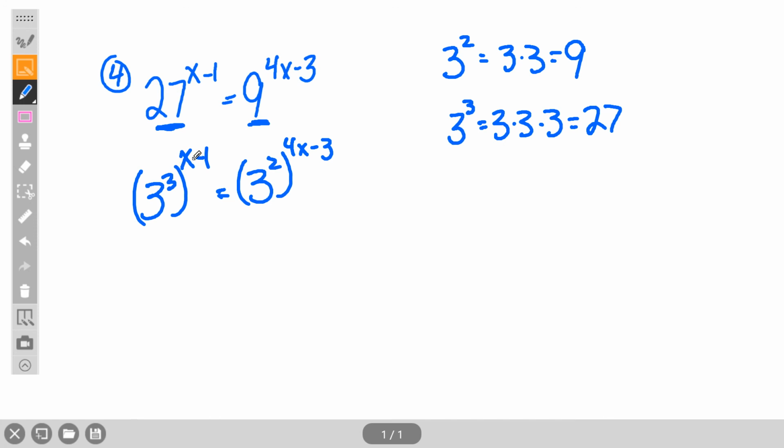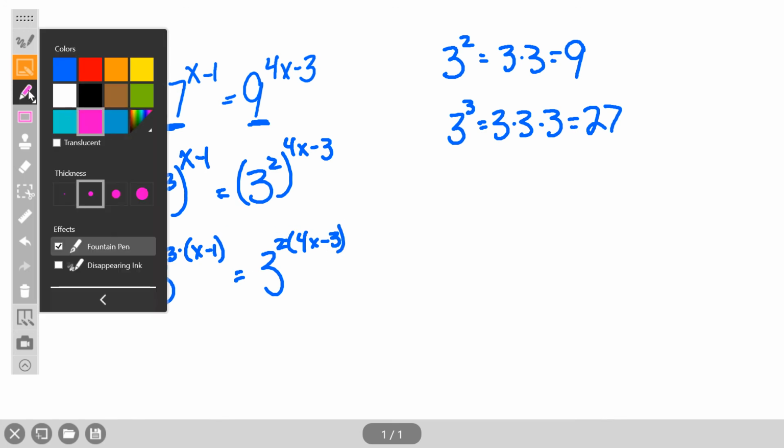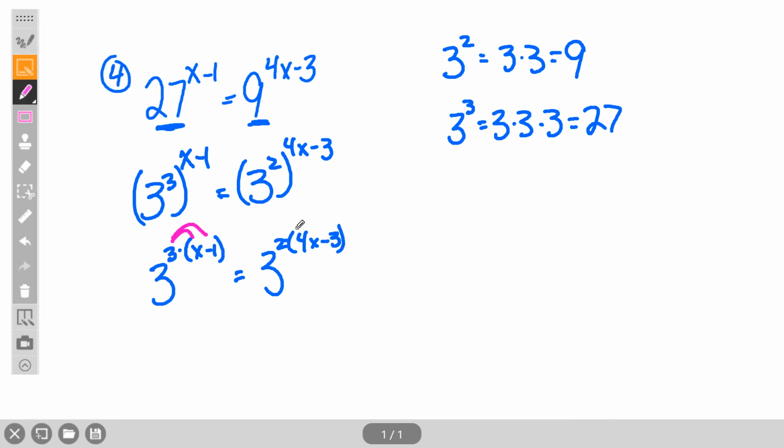All right, I have to use power of a power rule here because I have two powers, so they need to get multiplied. Which means for both of these, we are going to have to distribute.